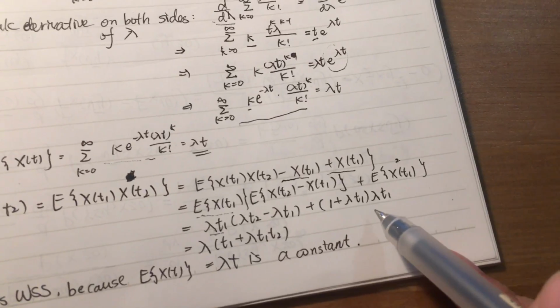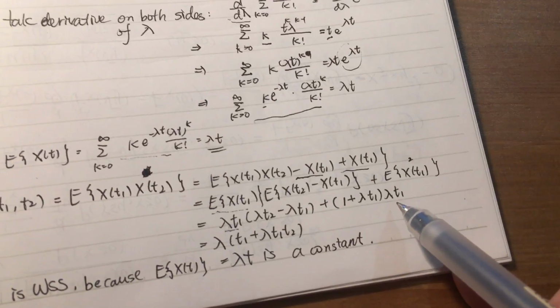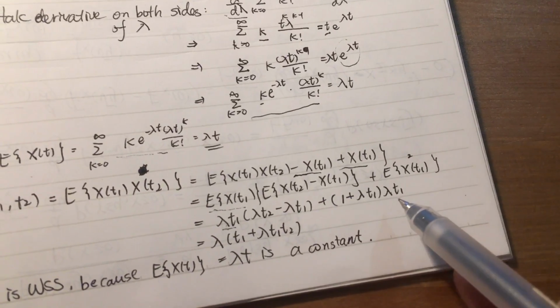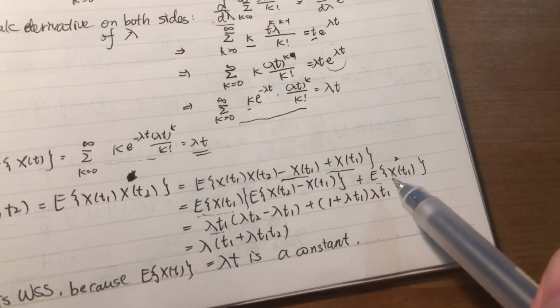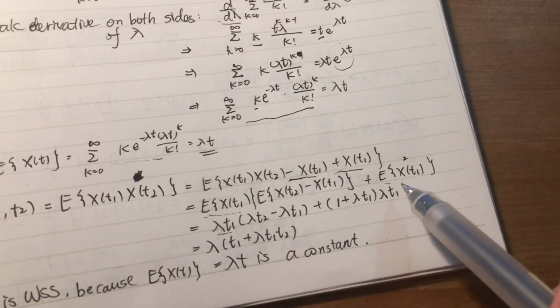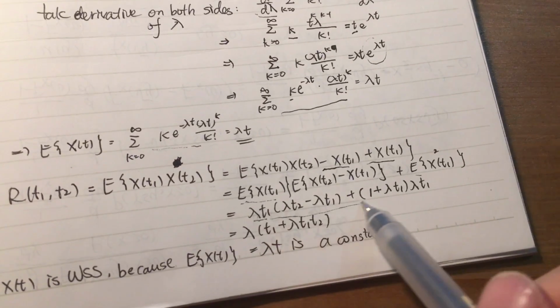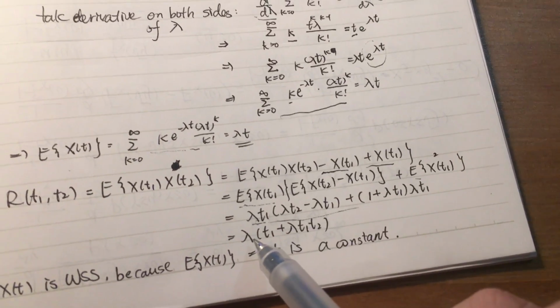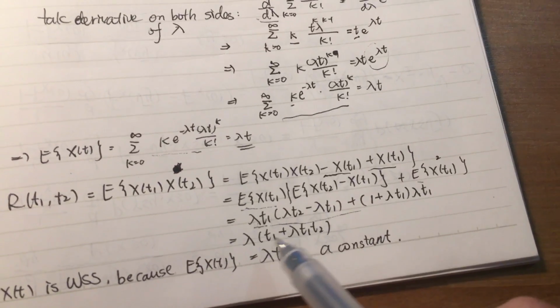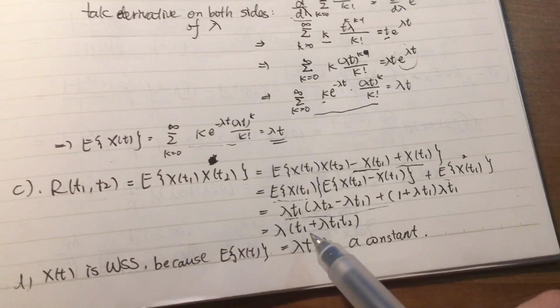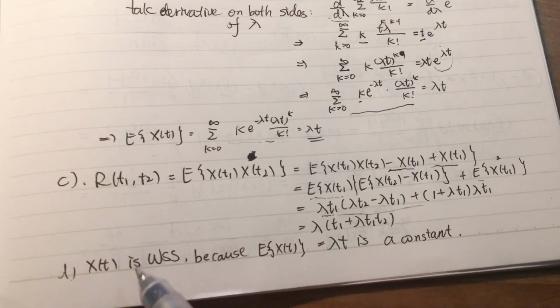This is obtained from finding the value of E[X(t1) squared], and this equation is exactly equal to lambda t1 plus lambda t1 t2. This is the final result for the correlation function.